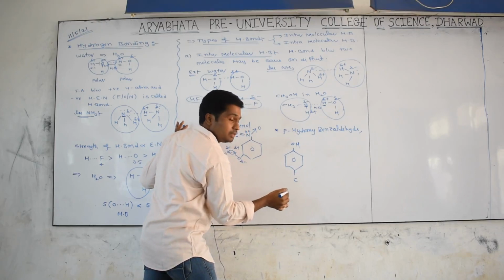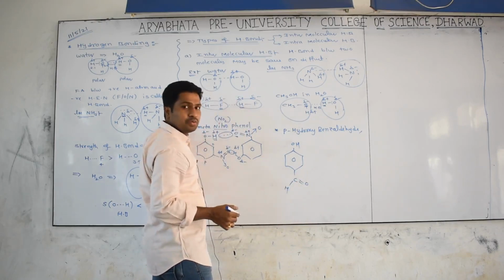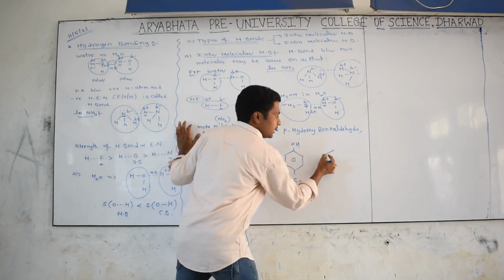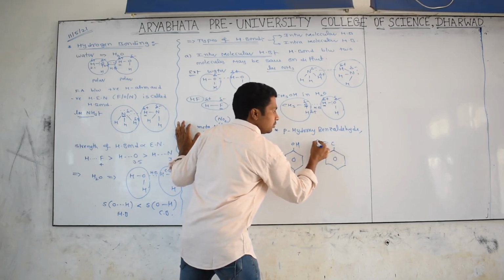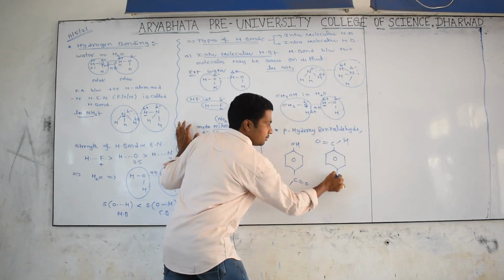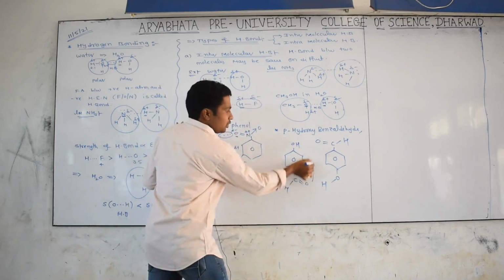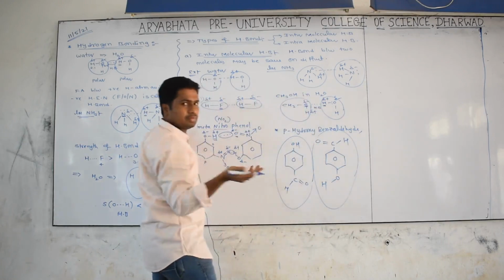Benzaldehyde means benzene plus aldehyde, C double bond O and H, CHO. Para position, ortho, meta, para position. Take it in reverse, then what are we getting? C double bond O, H, benzaldehyde. The para position has OH. This is one molecule, this is another molecule, but the same, let it be.